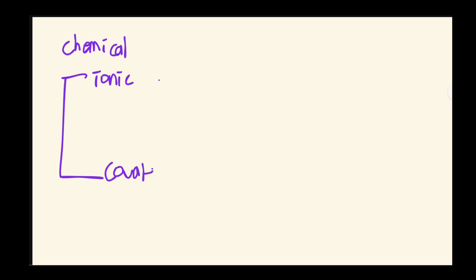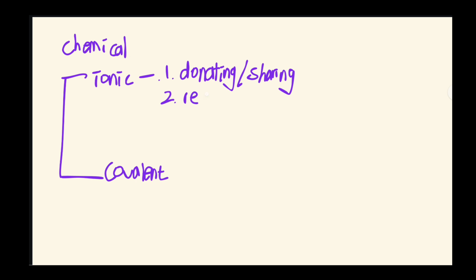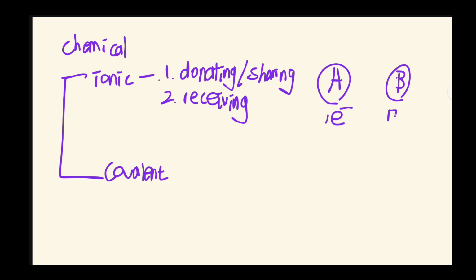There are chemical bonds. There were ionic bonds, and there were covalent bonds. An ionic bond is, first, donating, and second, receiving. An example is A and B. A has 1 electron and B has 7 electrons on the outer shell.